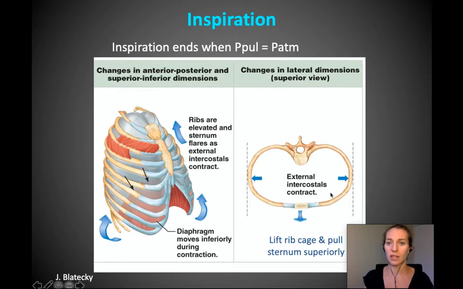And so what all these things are going to do is increase the volume of our thoracic cavity. And as the volume increases, pressure goes down, and it goes down relative to the atmosphere, right? And so because the pressure inside of our lungs, when we do that, is now lower than the atmosphere, it draws air in. And if you think about that, it's so cool, right?